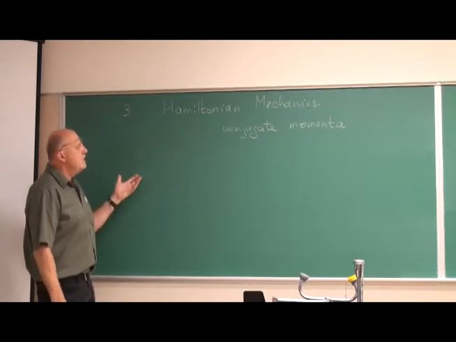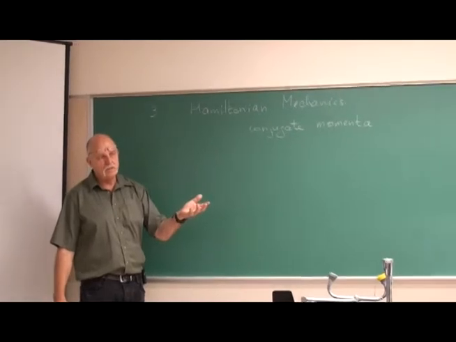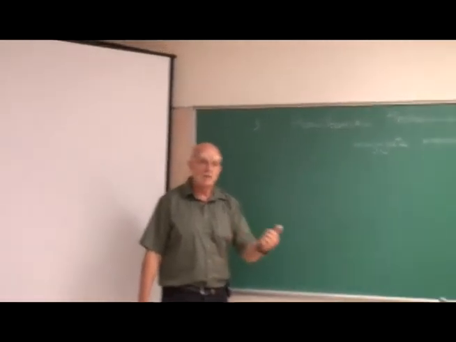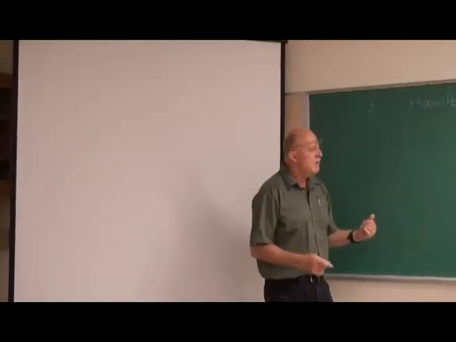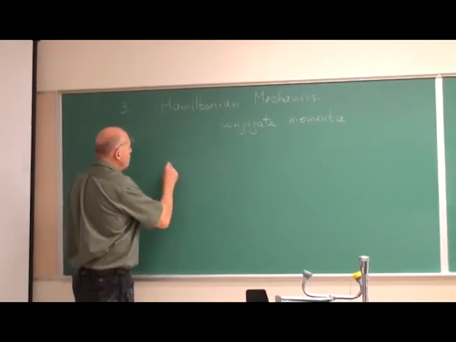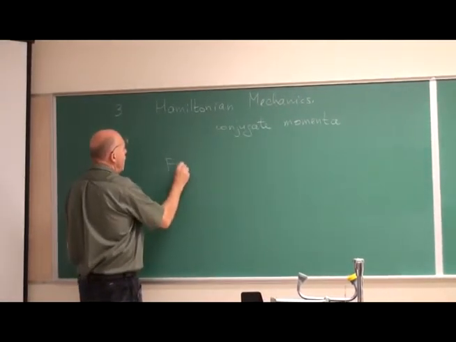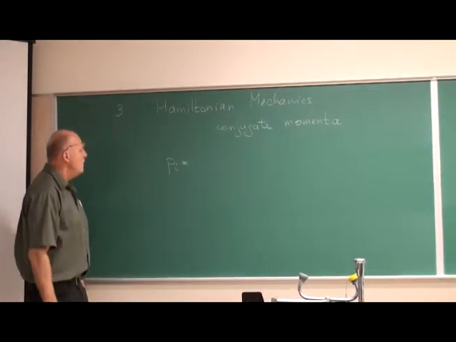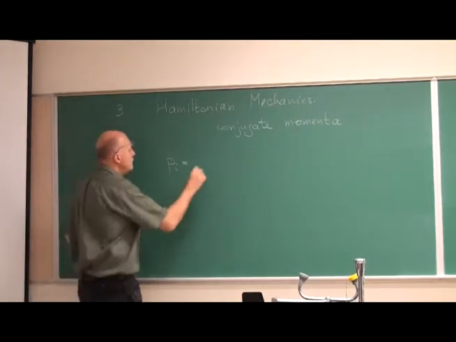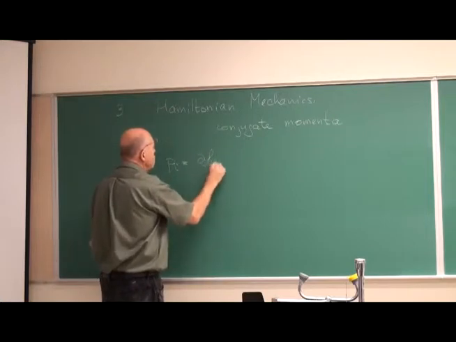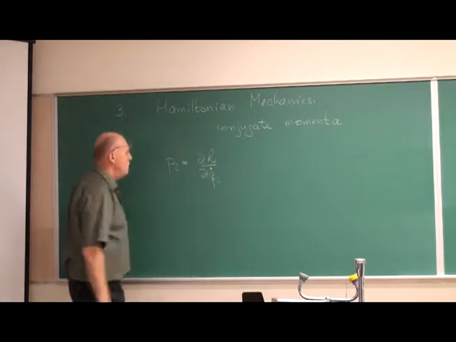So we have generalized variables, and then in Hamiltonian mechanics, one constructs conjugate momenta. Basically the idea is that first you make the Lagrangian, which you now know how to do. You choose Q, Q dot, have K minus U, then you have the Lagrangian. And then the conjugate momentum, Pi, to the generalized coordinate Qi is the partial of the Lagrangian with respect to Qi dot.